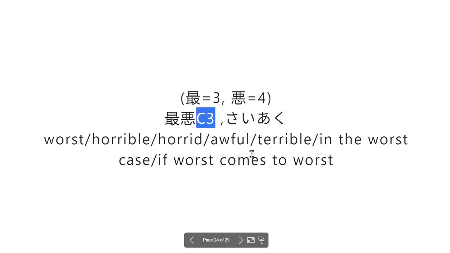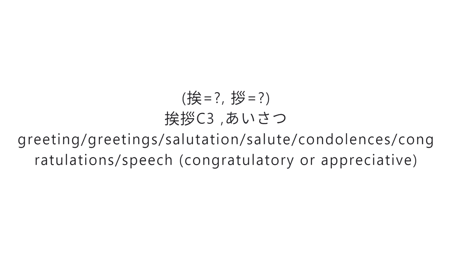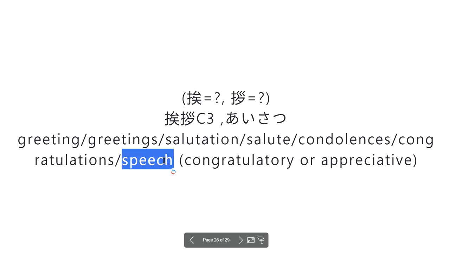And then university needs no introduction, it's daigaku, C9, an extremely common word. Then we have aisatsu, it's fairly common, C3, and it could be a speech sometimes, or it could just be a greeting. I think it just means greeting. Yeah, aisatsu, quite a good word.